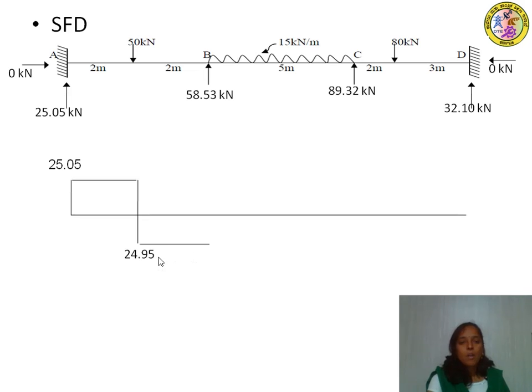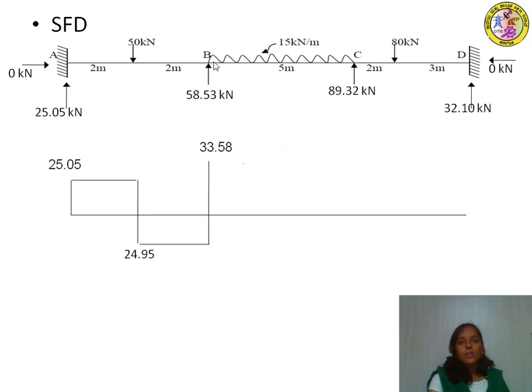So we add minus 24.95 plus 58.53, which will be equal to plus 33.58. So you have to draw a line upward, plus 33.58 from the reference line, which is 0.